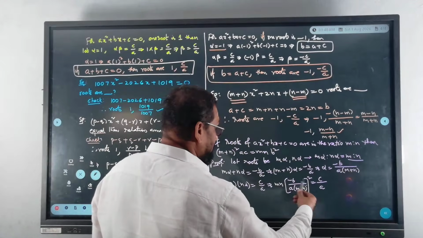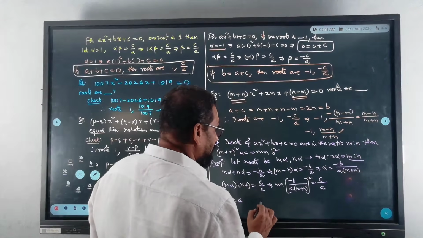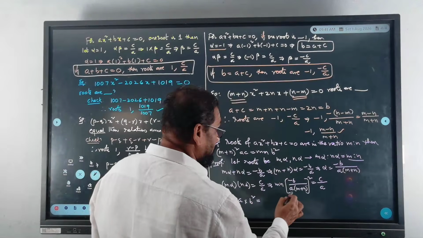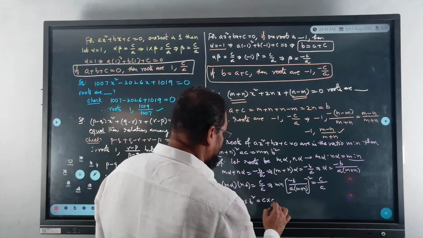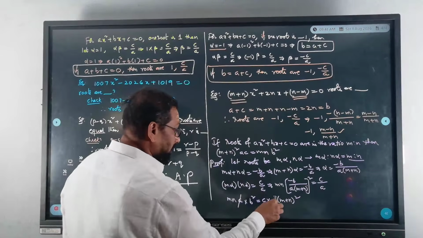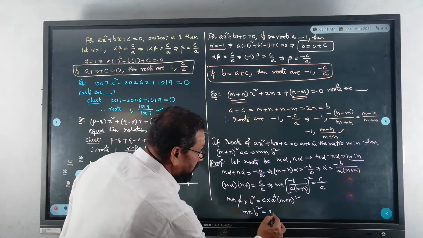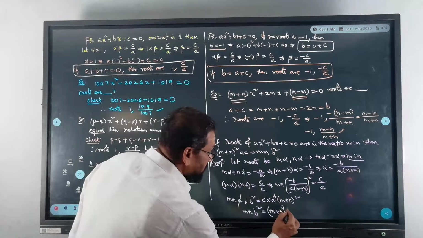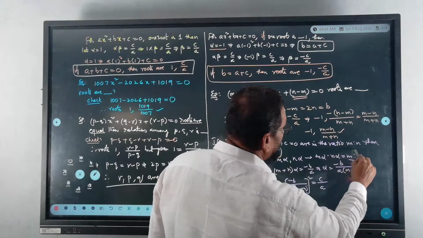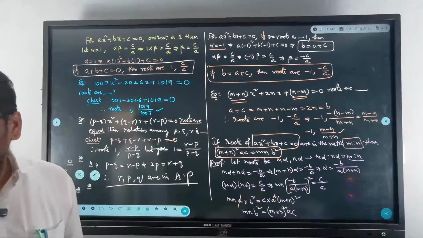Now this a transposes to the LHS and the denominator transposes to the RHS, and one a gets cancelled. So mn b square is equal to m plus n whole square ac. That is what we had to prove: if the roots are in the ratio m is to n for this quadratic equation, that is the condition.